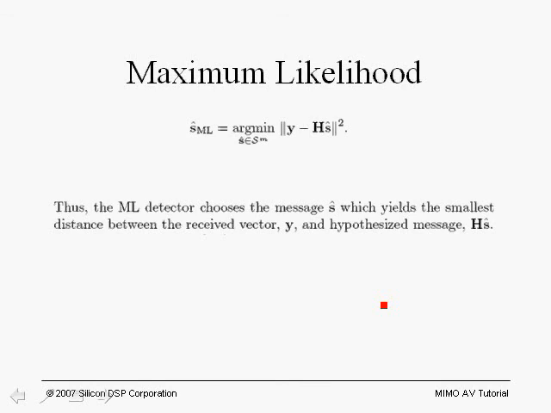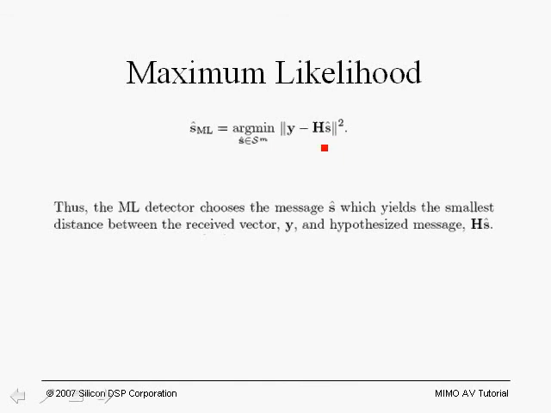Here we just give a general outlook on the definition of a maximum likelihood equalizer for MIMO systems. So if we take a look at this expression here, the maximum likelihood estimate of the transmitted vector is obtained as follows. We obtain the distance between the received vector and the message S transmitted through the channel.